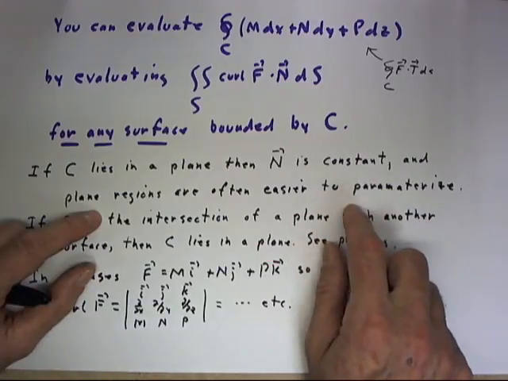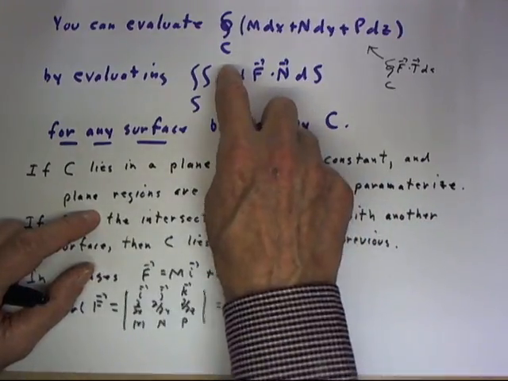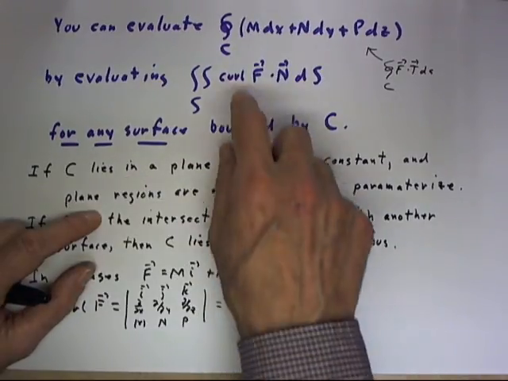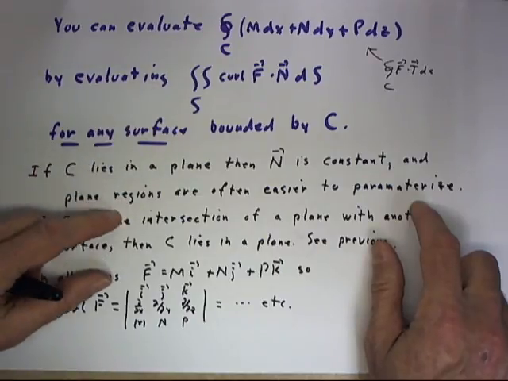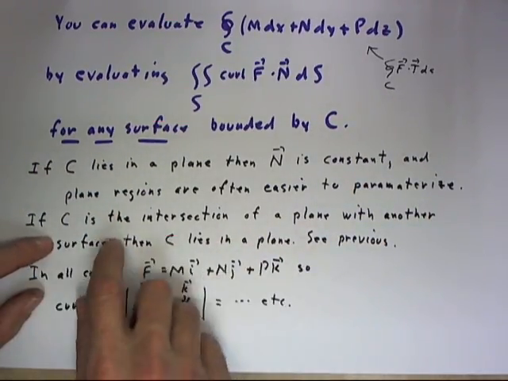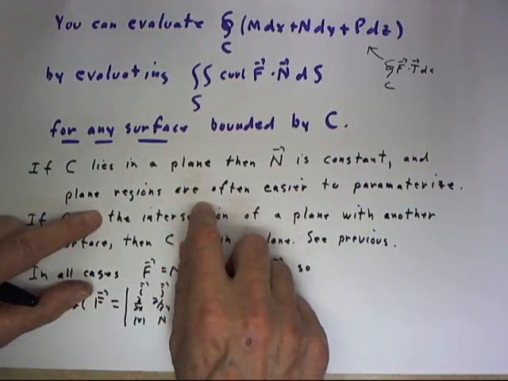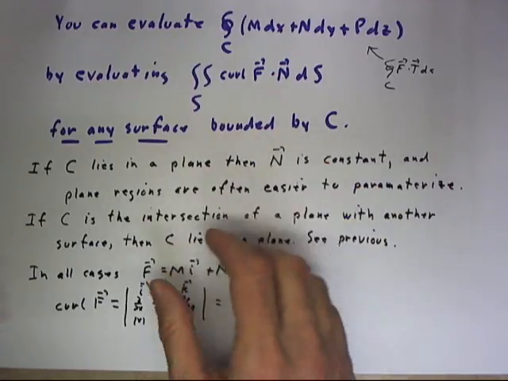So there are a couple of reasons that if your curve C lies in a plane, then you should try to parameterize the surface within that plane. Or you should try to integrate over the plane region that's bounded by the curve rather than some curved region.